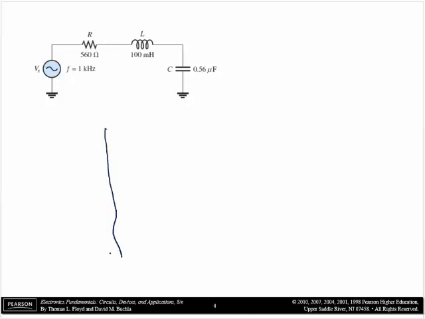I can't seem to draw where I'm sitting today. Try again. So if we're going to draw the phasor diagram for that, we have R in the horizontal direction, and R was, I already forgot the values.